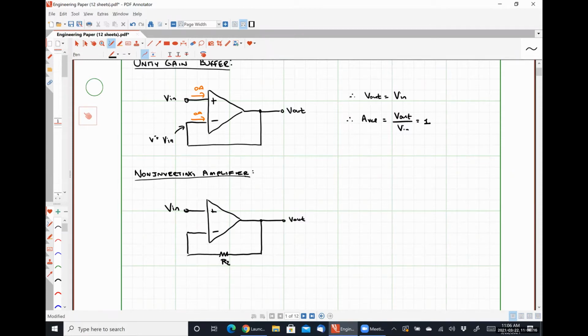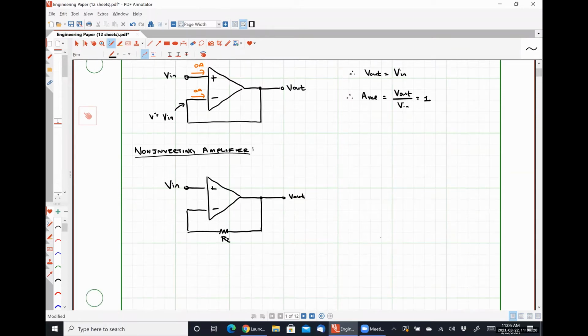I'm going to call this resistor R2. One other thing that we are going to do is we are going to replace a resistor, I'm going to call it R1, between the inverting input terminal and ground.